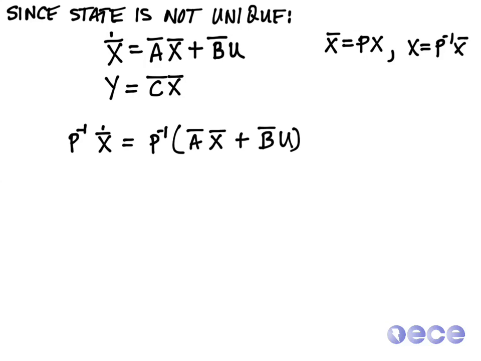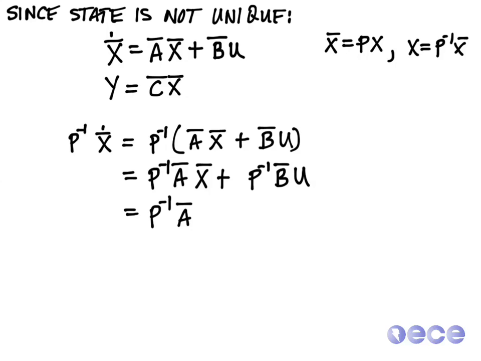Therefore we can show, by doing some pre-multiplication of our updated state equations and output equations, so we're going to pre-multiply both sides by p inverse. And so now p inverse times a bar times x bar plus p inverse times b bar times u. This is the same as p inverse times a bar times p times x, because x bar was equal to p times x, so we substitute p times x for x bar here.